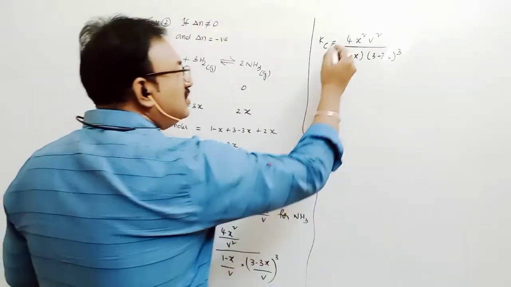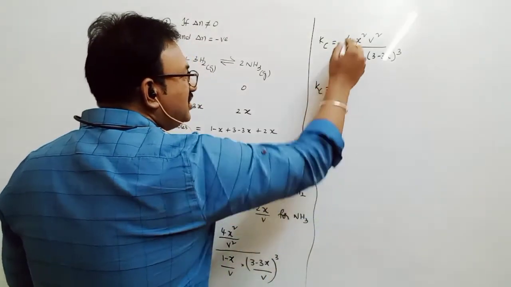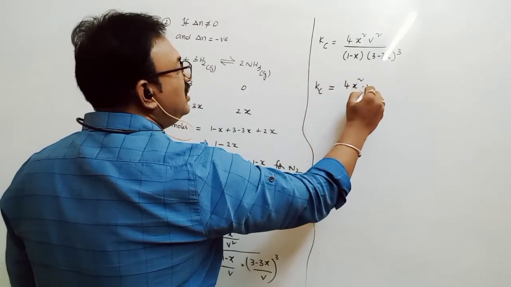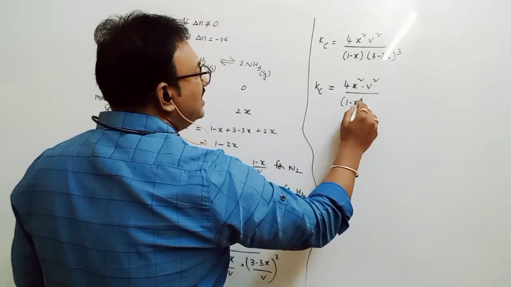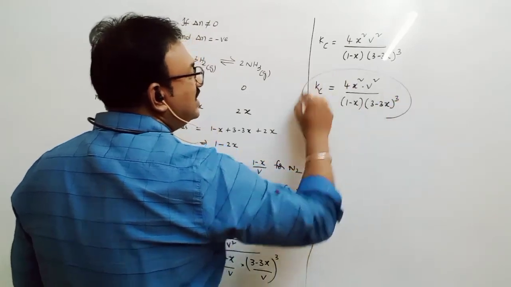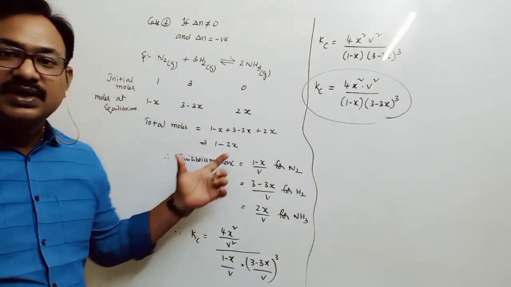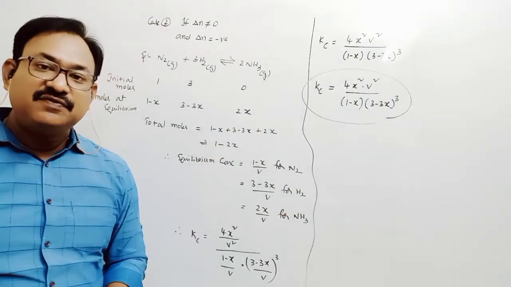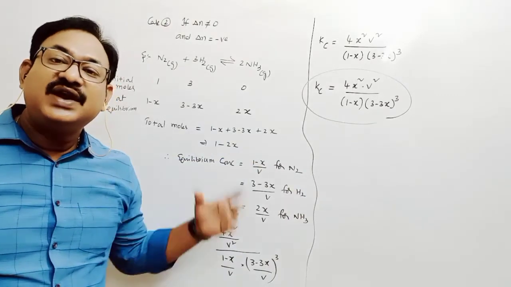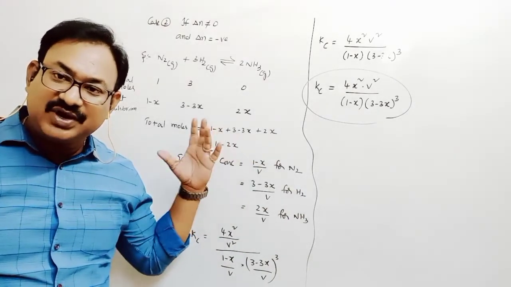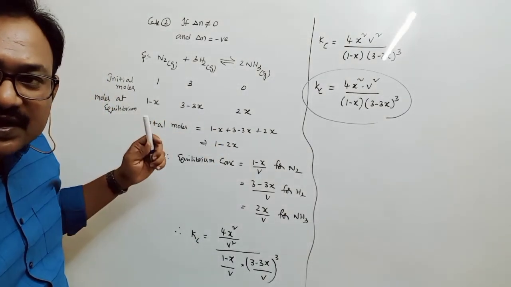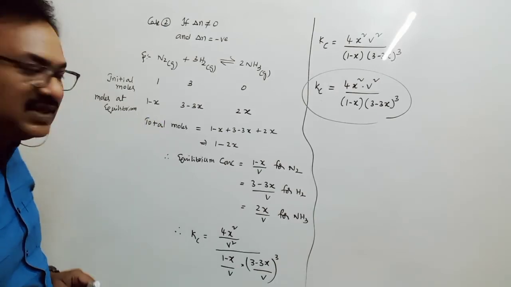So Kc is equal to 4x square into V square by (1 minus x) into (3 minus 3x) whole cube. This is the Kc. Kc can be derived like this. If you know Kc, from that you can find the x value, and from that the concentrations of reactants and products at equilibrium. This is case 2 where delta n is not equal to 0 and negative.